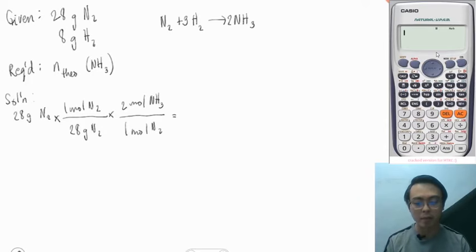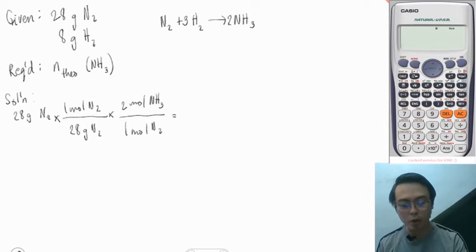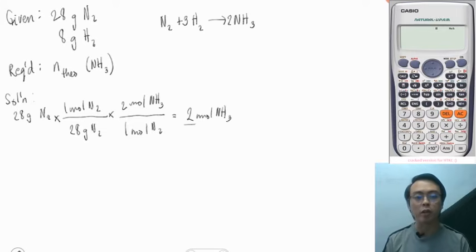So remember that, unless it's otherwise specified in the problem. So this is simply 28 divided by 28 is 1 times 2 is 2. So we are producing 2 moles of ammonia coming from 28 grams of nitrogen.